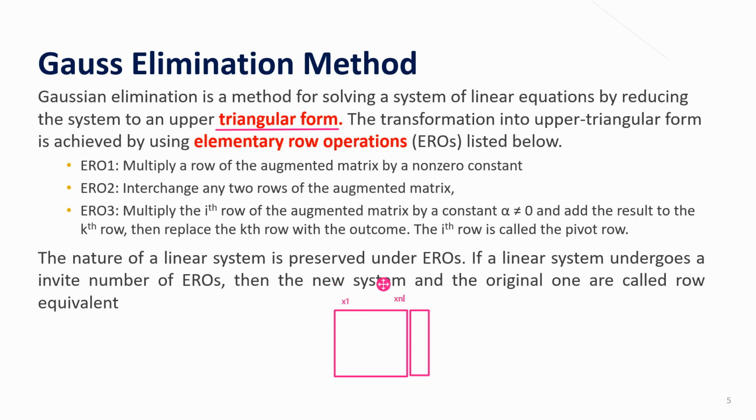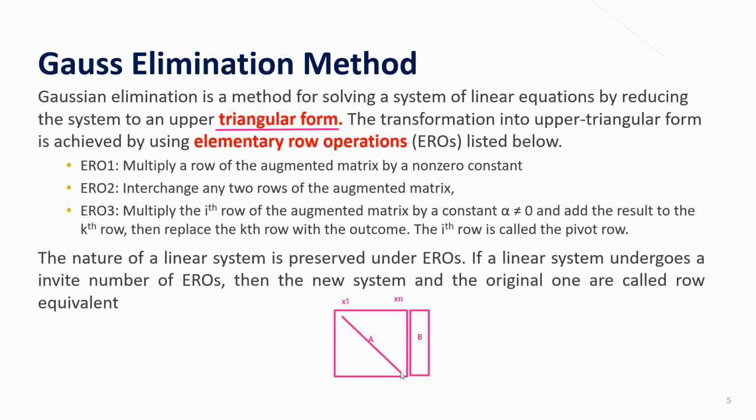In Gauss elimination we are trying to reduce the A part here into triangular matrix form, so that later on when you substitute from the A part, if it has the upper triangular form, it means that all the values below the diagonal will be 0, right?